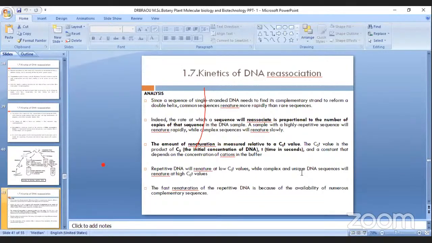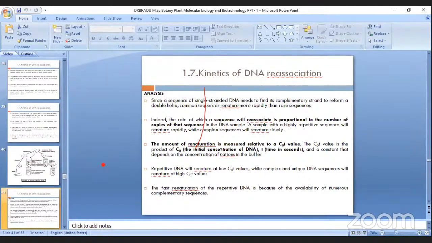The rate at which a sequence will reassociate is proportional to the number of copies of that sequence. So generally a sample with highly repetitive sequences will renature very fast, while when you have complex sequences, it will renature very slowly.